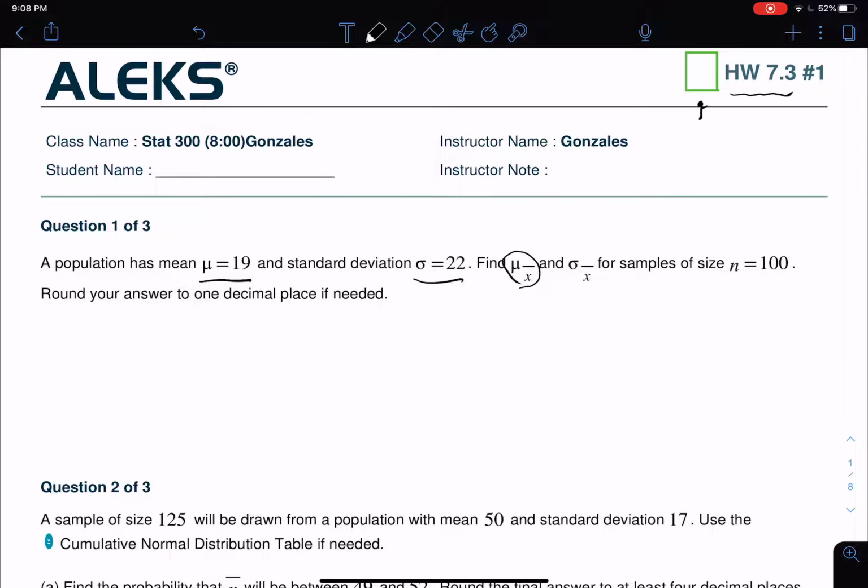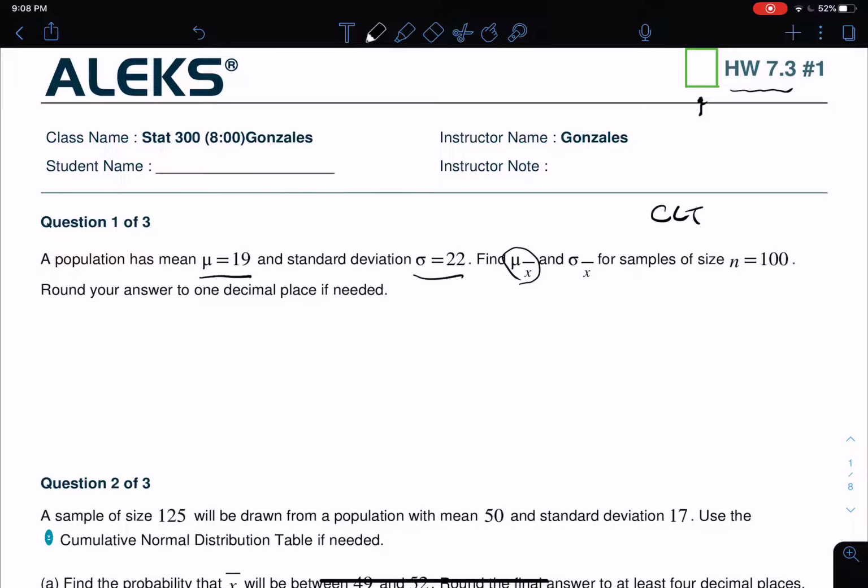By the central limit theorem, as long as my n value is greater than 30, I don't care what population it comes from. They told us a population, they didn't say normal population, so we don't know what the population looks like. But my sample size is 100, which is definitely greater than 30, which means I get to use all the formulas from the central limit theorem.